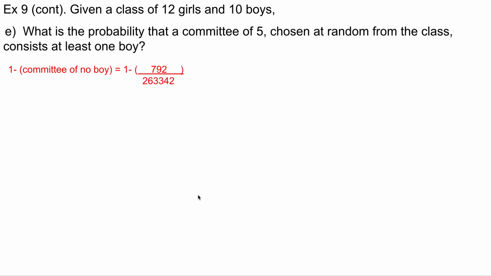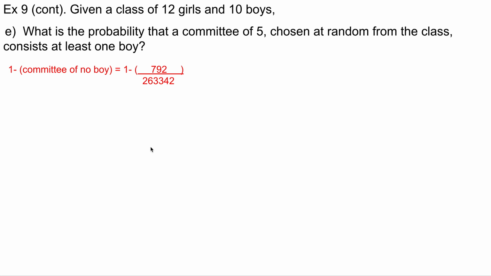Oh, I already have the number answer there. Okay, I think this is the last one. Almost. Okay, given a class of 12 girls and 10 boys, what is the probability that a committee of 5 chosen at random from the class consists of at least one boy?